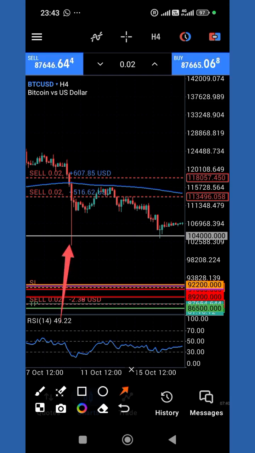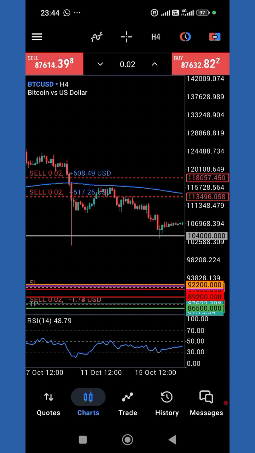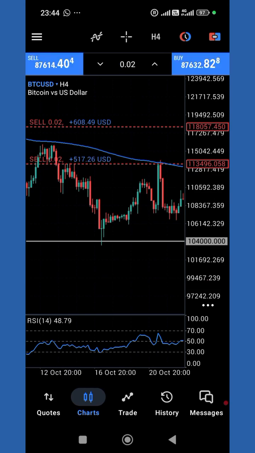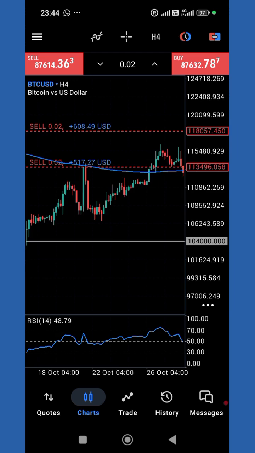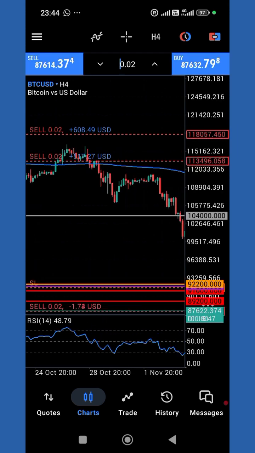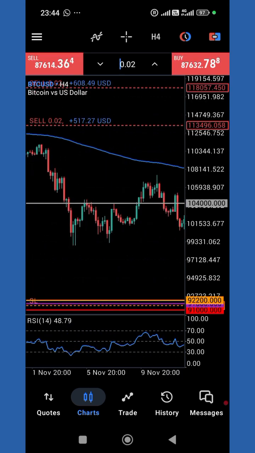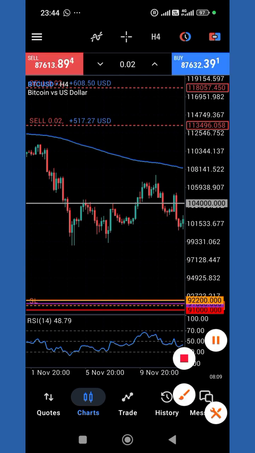So looking at this area here, you can see that we have them as support level. When the market comes to the first one here, it returns upward. The same level here, it returns upward as well. And after that, the market goes up there to retest and eventually broke it right here, okay?